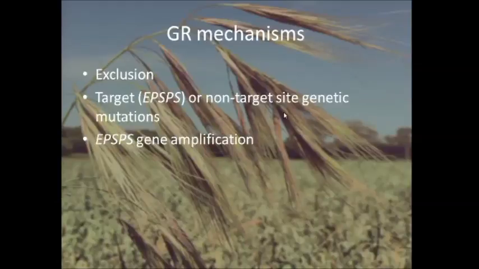The molecular mechanisms, as again Kinyu had explained, include target site mutations. The target for glyphosate is the EPSPS enzyme. It catalyzes a reaction with phosphoenolpyruvate and shikimate-3-phosphate.